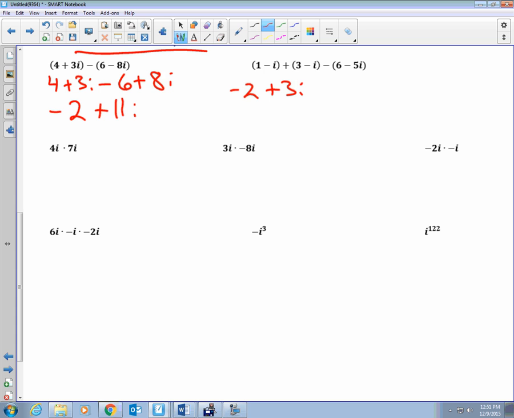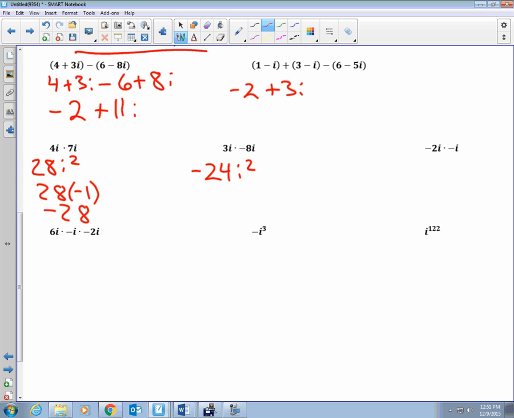4 times 7 is 28, and i times i is i squared. What is i squared? So therefore, you now have 28 times negative 1, which is negative 28. 3i times negative 8i would be negative 24 i squared.